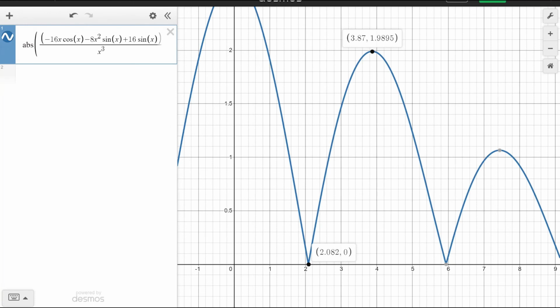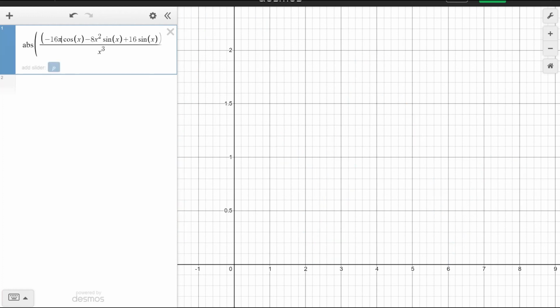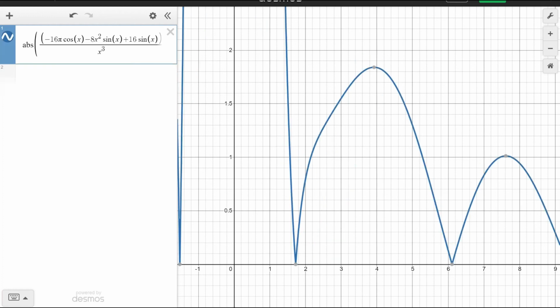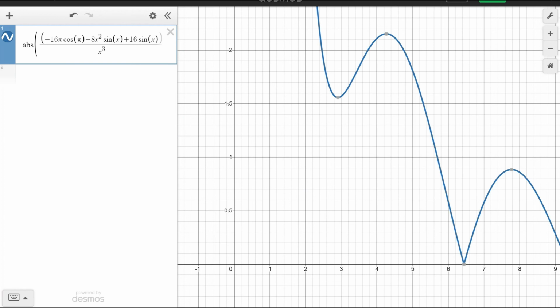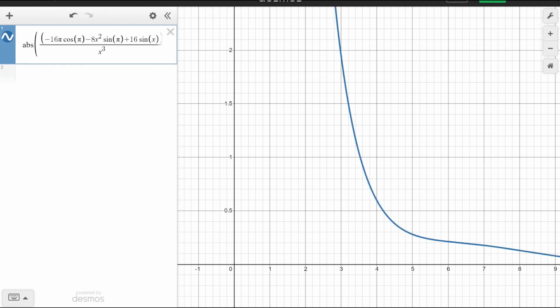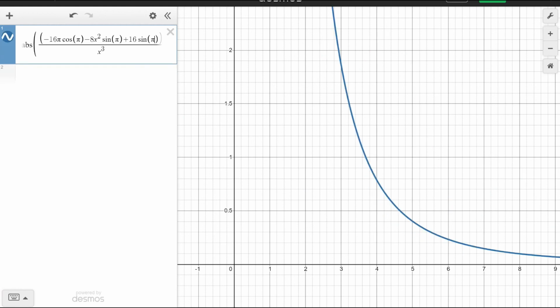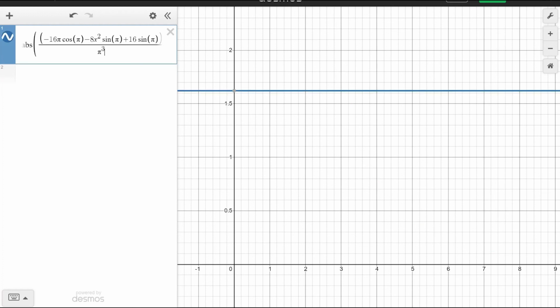So let's plug in pi. Instead of x, we'll have pi. I mean, we can use this as a calculator as well. Let's see what we get. So pi cube. What's the value? 1.6211.